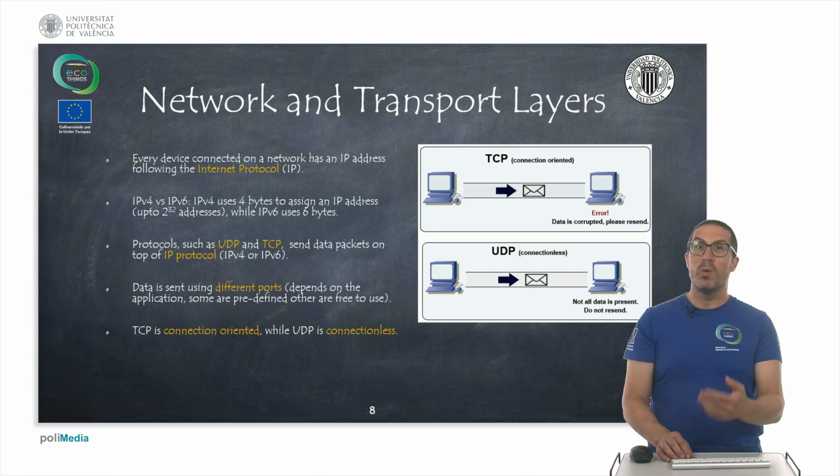If not, we need to resend the packet. While with a UDP connection, we simply don't expect an acknowledgement of the reception, so we just send messages, and if the receiver receives the message, then it can use it.